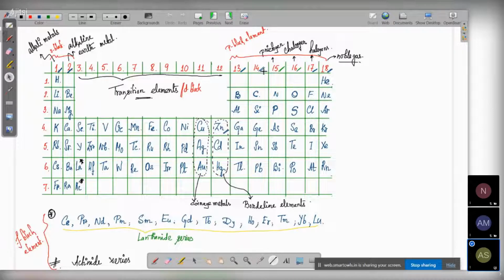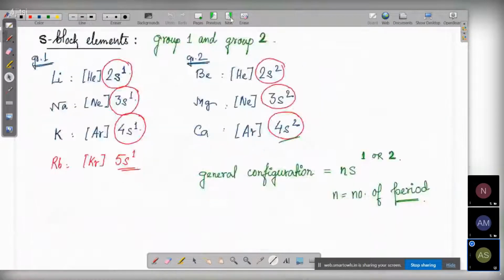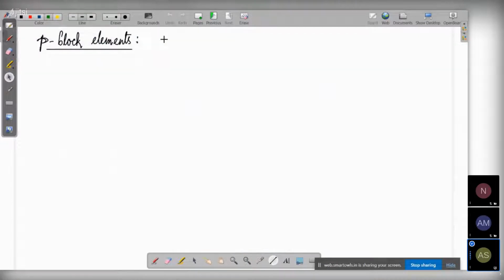These six groups together are called the p block elements. Group 13 to group 18 is our P block element.